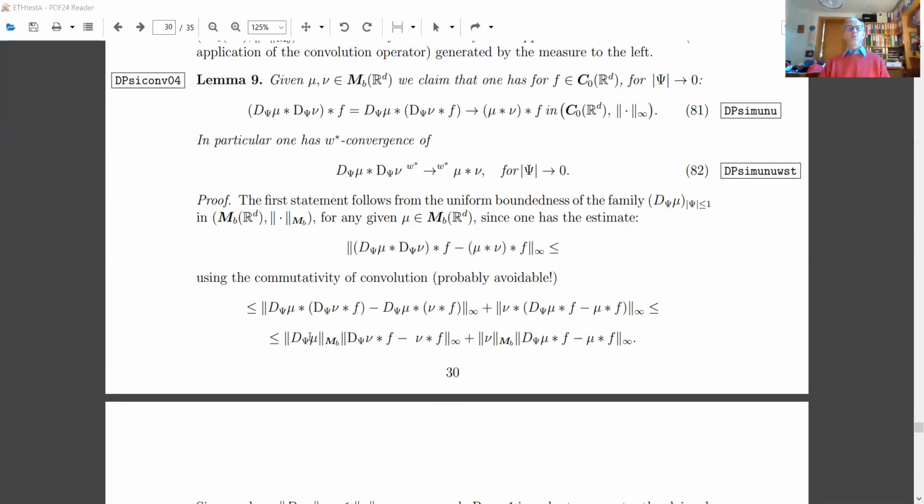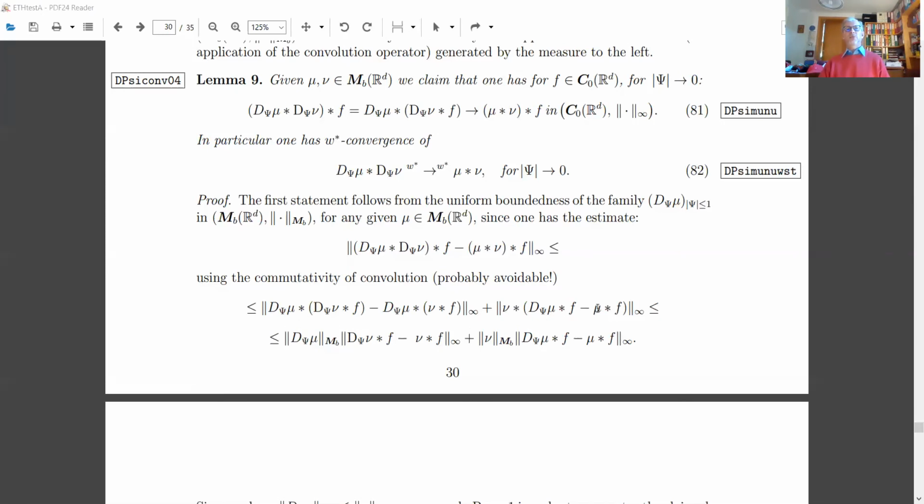So we shouldn't change both of them from the discretized measure to the non-discretized, but maybe we keep the discretized measure mu, and we change from the discretized nu, D psi nu, to nu. So we have inserted an artificial term minus D psi mu, nu star f, but because we can change the order now, we can pull out the nu and write it now. We have to correct the D psi mu, which should go to the mu.